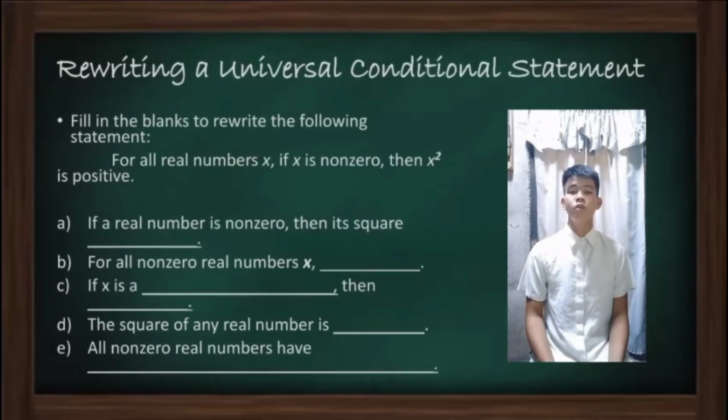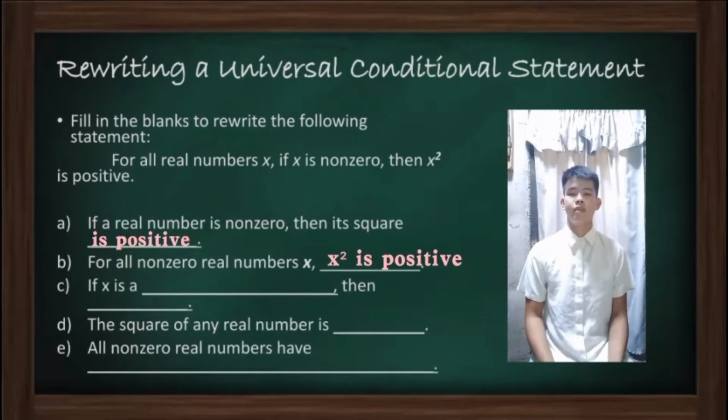Rewriting a universal conditional statement. Fill in the blank to rewrite the following statement. This is the statement: For all real numbers x, if x is non-zero, then x squared is positive. A. If a real number is non-zero, then x squared is positive. Letter B. For all non-zero real numbers, x squared is positive.